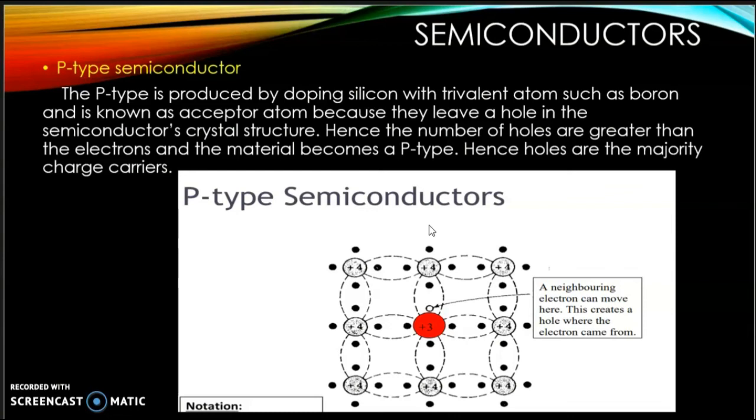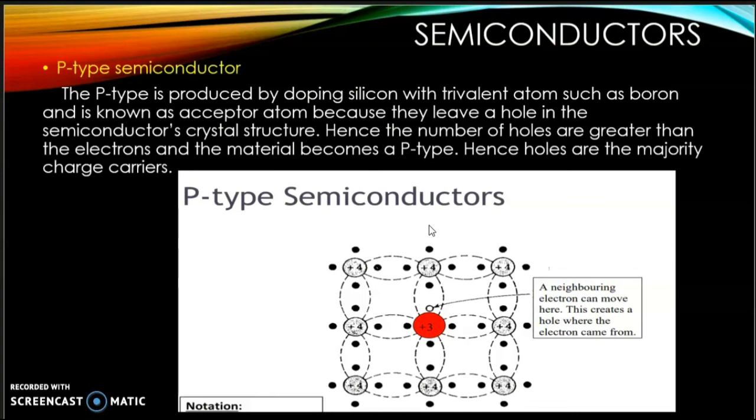So here, because it's not even up to the 4 which is bonding with the intrinsic, we call these p-type semiconductors, or the dopants here, we call them acceptors, because they are not donating, because they are not even up to the 4 we need to bond with the electrons of our intrinsic semiconductor.